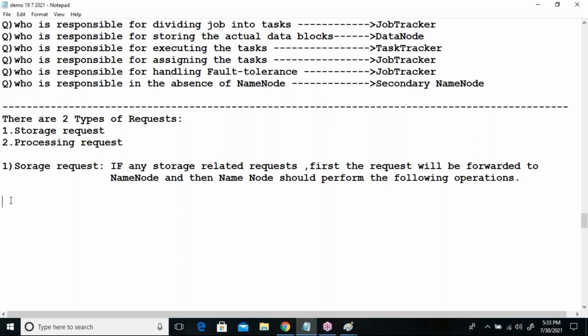First one, file size estimation and blocks estimation.